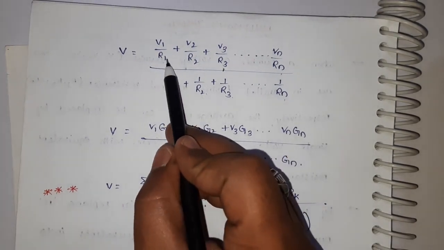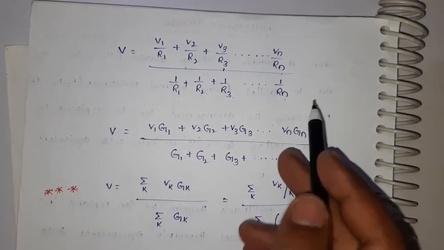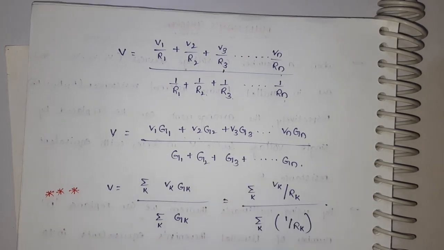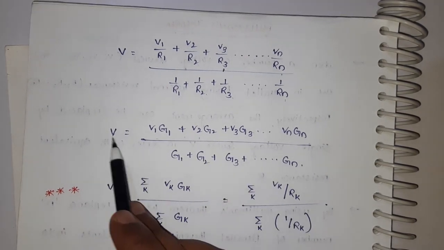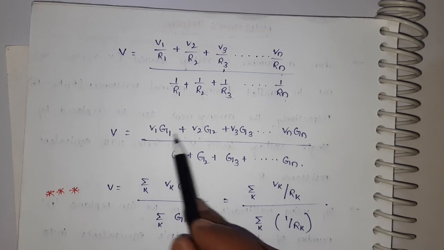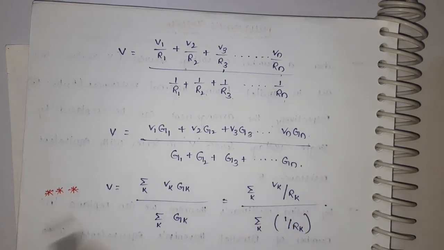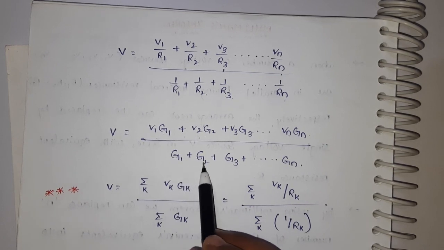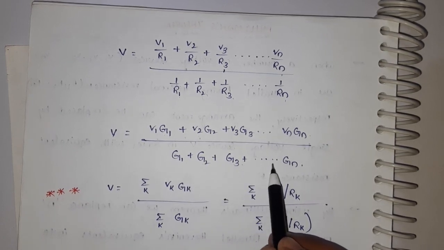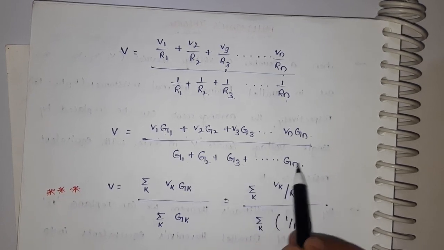This 1 by R1, 1 by R2, 1 by R3 can be replaced by G1, G2, G3. So the value of V can be written as V1 G1 plus V2 G2 plus V3 G3 and so on Vn Gn, divided by G1 plus G2 plus G3 plus G4 and so on Gn.